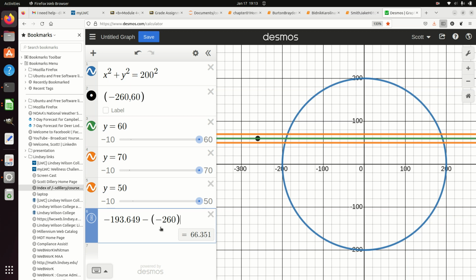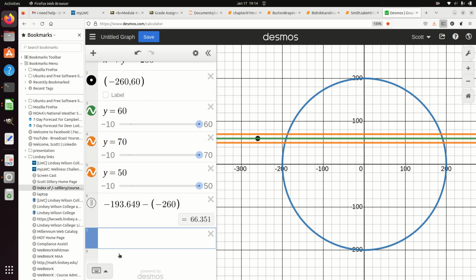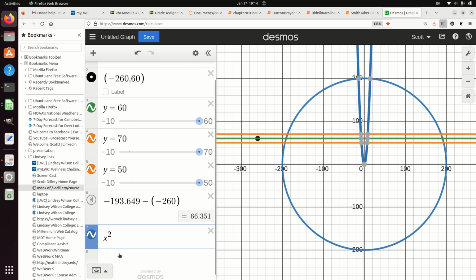Now, that's not how they want you to find the distance. What they want you to do is take y equals 50 and substitute it in here and solve x squared plus y squared equals 200 squared, so I'll put in 50 squared.